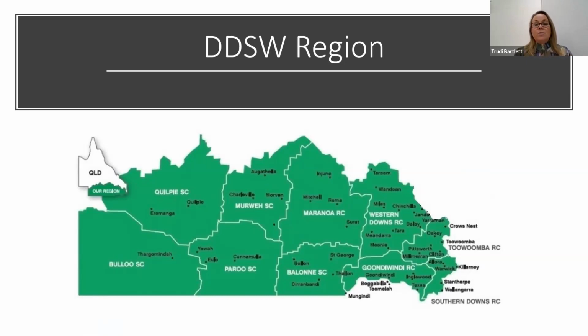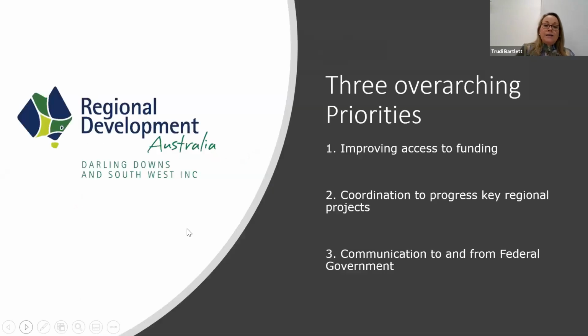And part of our charter is that we're the independent body that can help coordinate and facilitate between the 3 levels of government, business and industry and community. So a lot of our role is about connecting and collaborating and introducing people to each other and streamlining processes and projects for them. So under our RDA charter, there's 3 overarching priorities.